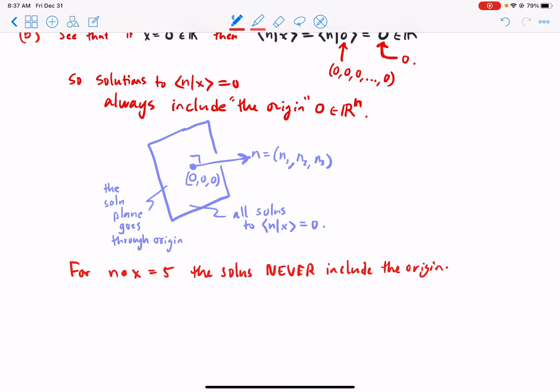This is the main insight, because if you plug in x equals the 0 vector, then what do you get? You get n dot 0 equals 0. But 0 is not 5. We wanted n dot x equals 5, so n dot 0 does not work.